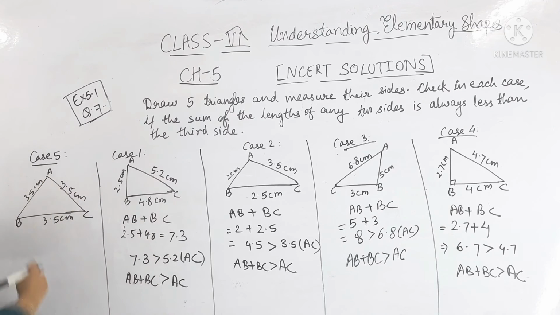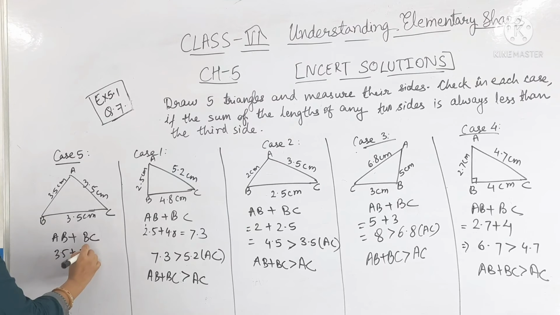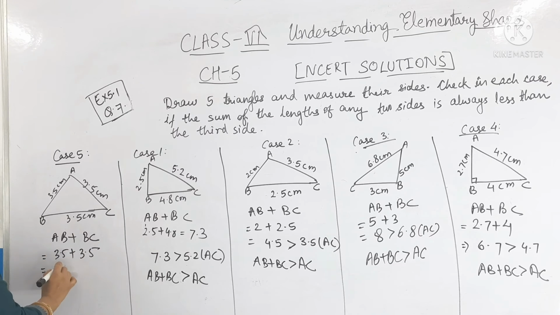So here case 5, that is the equilateral triangle. Here you can see AB plus BC, that is 3.5 plus 3.5, so that is equal to 7 and is greater than 3.5 centimeter, that is AC. So here AB plus BC is greater than AC.